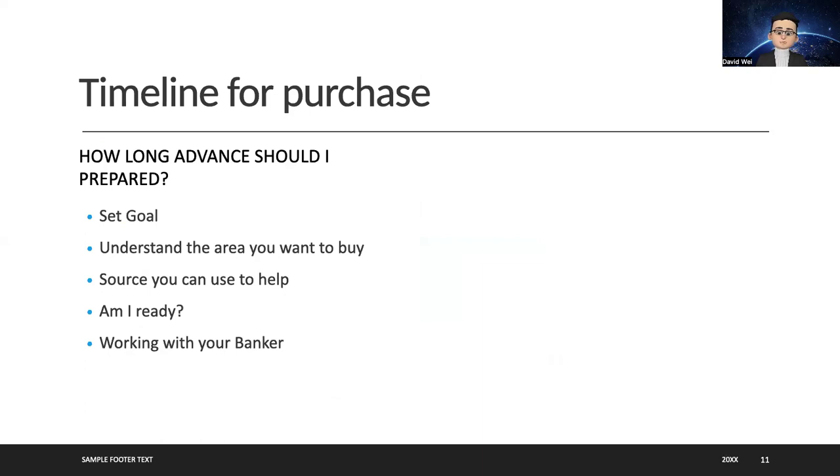Understand the area you want to buy, what their price value is, and how often their house prices increase. Those are going to help you determine the down payment that you need, or the assistance program you might need to give you that boost to help you make your goal.